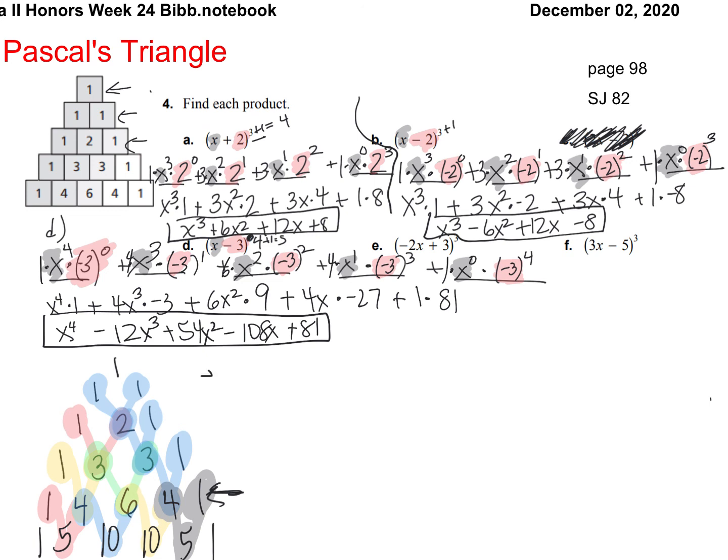Letter E, we're going to do the same thing. I've got 3 blanks, so I'm going to add 1 and have 4 blanks. 1, 2, 3, 4. In the first spot of every blank, I'm going to put negative 2x. I'll move that over just a little bit.